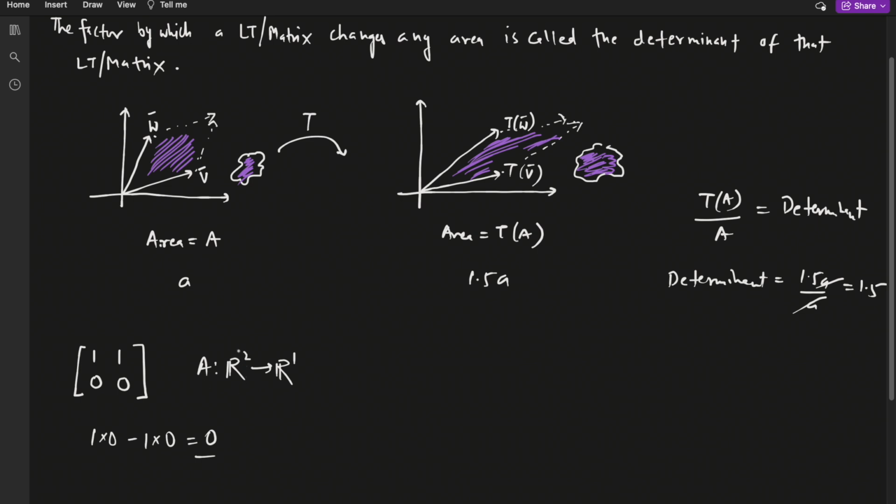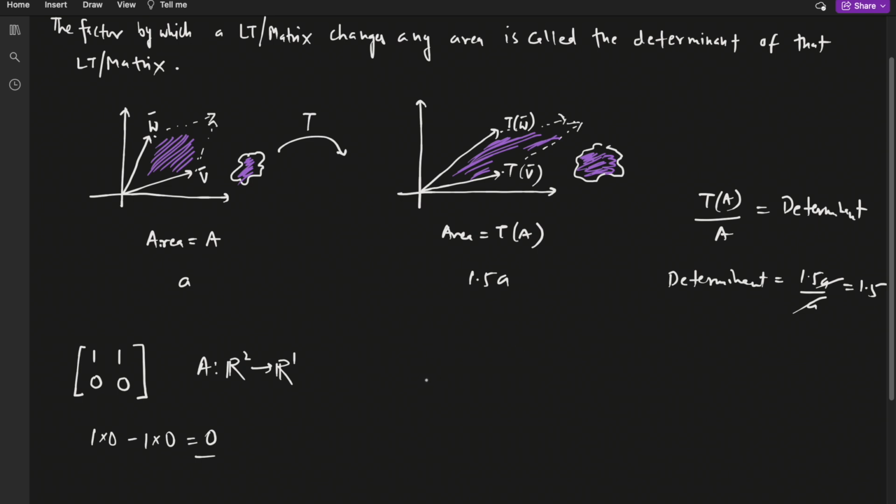So whenever you have a matrix which transforms the input vector space from a higher dimension to a lower dimension, then the determinant is always 0.